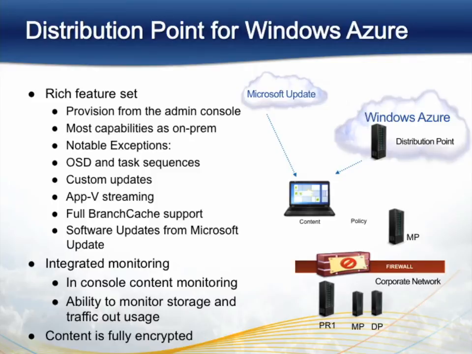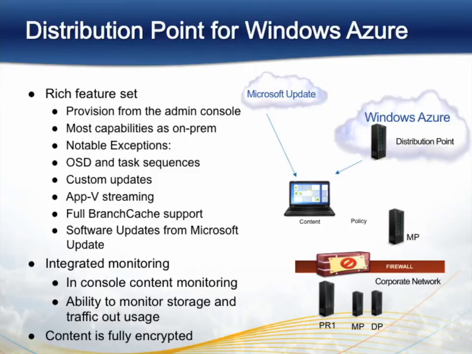The last cloud integration before Jason gives you a quick demo on this is around the idea of a distribution point for Azure. There are various types of distribution points, but in general, they all need some sort of server or storage device in an office that users are connected to, that we replicate to from our primary server, and then those users in those remote offices pull from that local distribution point.